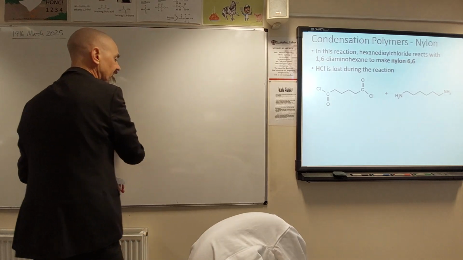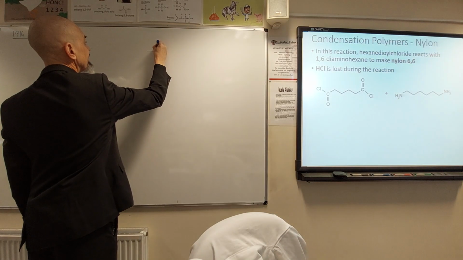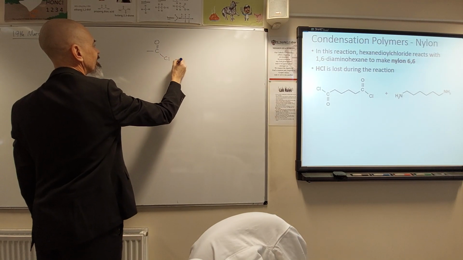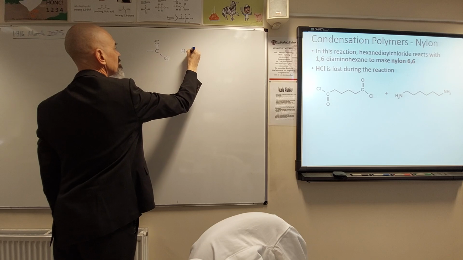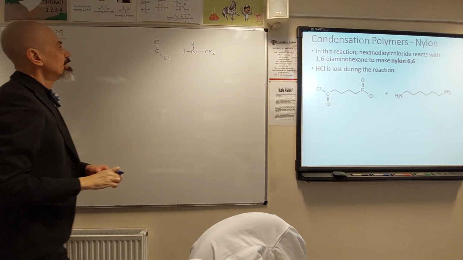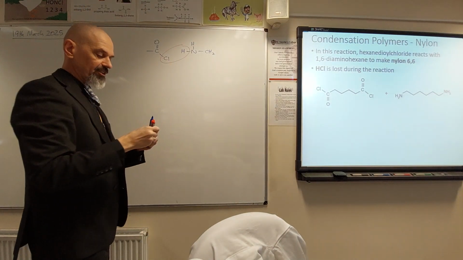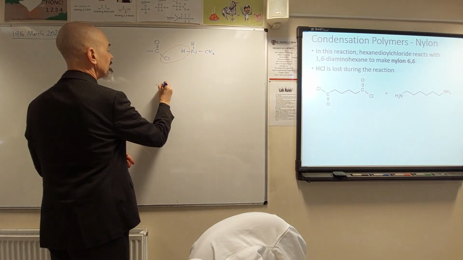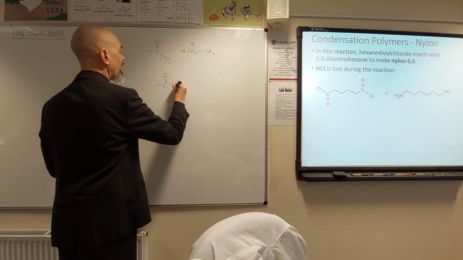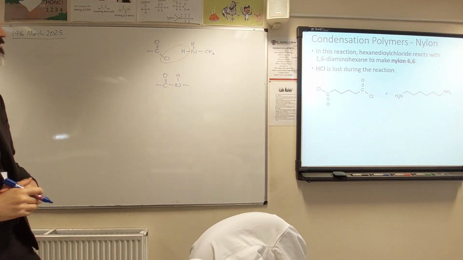So if I take an acid chloride and an amine. Remember, we looked at this earlier, didn't we? Then HCl is removed as a small molecule, and I make that new amide linkage between the two.